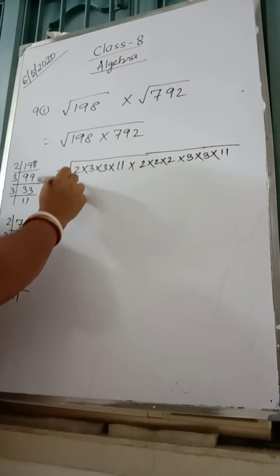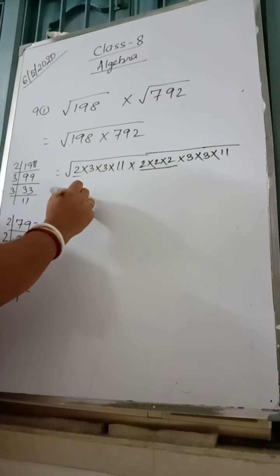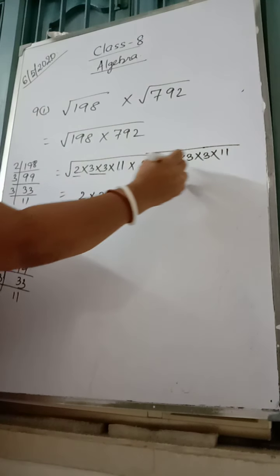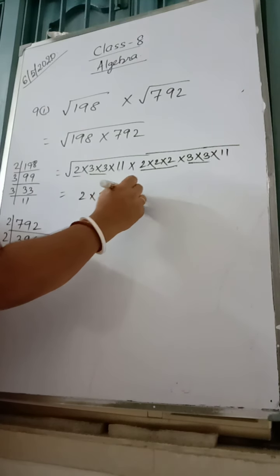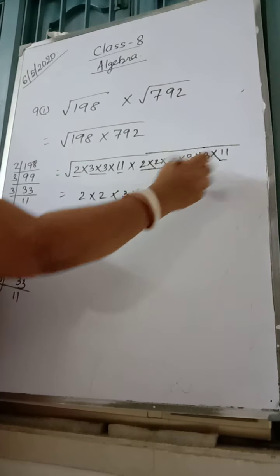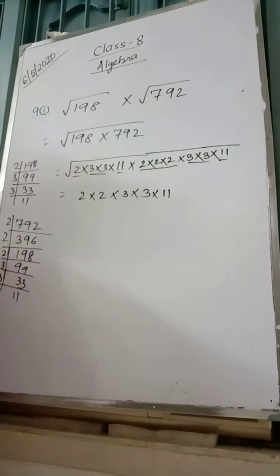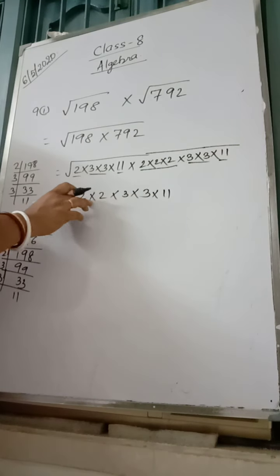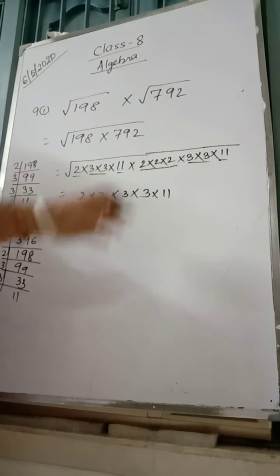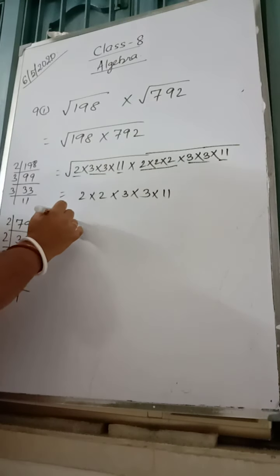Now we have how many 2's? 1 and 3. So we'll have 2 pair of 2 outside. We have 1 pair, 2 pair of 3. So we'll have 2 3's and we have only 1 pair of 11. So we'll have 1. This would be the answer. You see, we have 4 2's, we have taken 2 2's out. We have 4 3's, we have taken 2 3's out, and we had 2 11's, so we have taken 1 11 out.